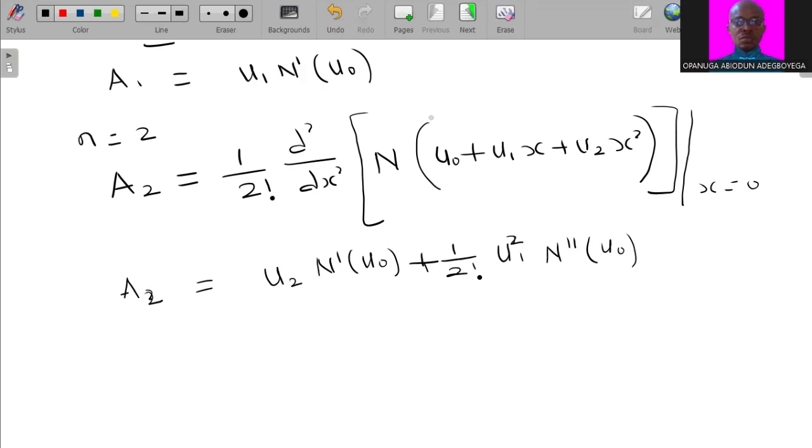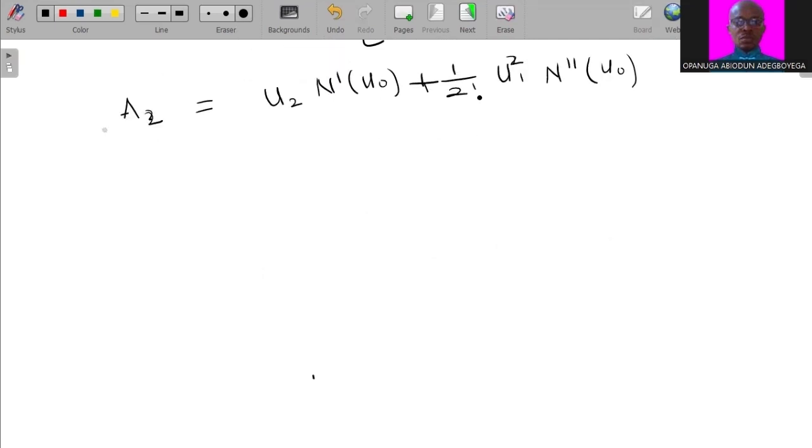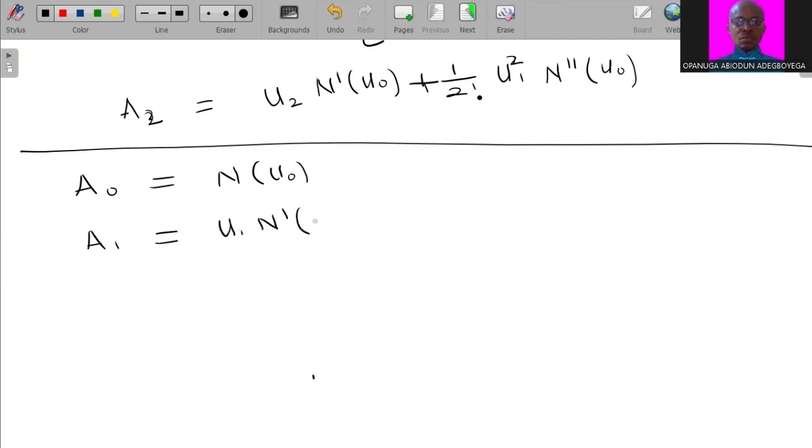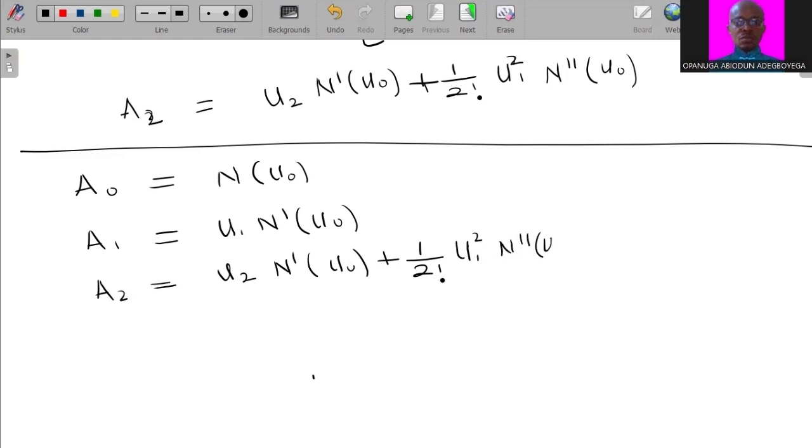So now, our results can be written as this. For A_0, we have N(u_0). For A_1, we obtained u_1 N prime of u_0. For A_2, we have u_2 N prime of u_0 plus 1 over 2 factorial u_1 squared N prime prime of u_0.